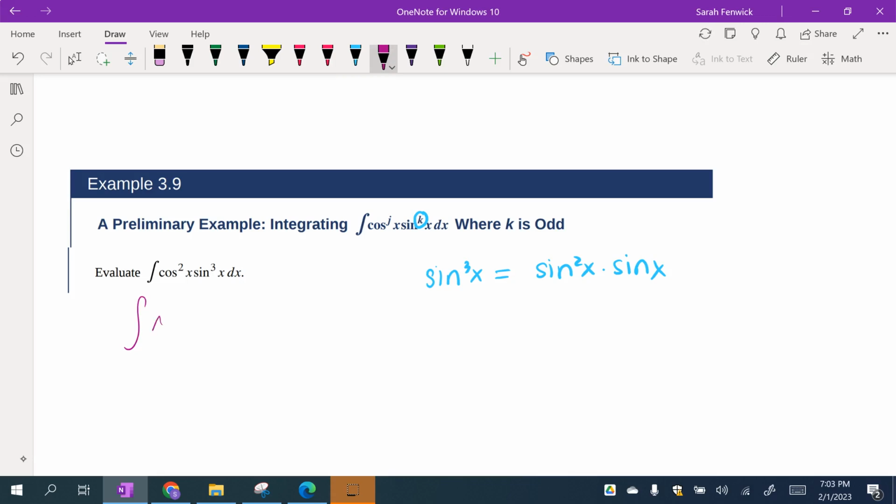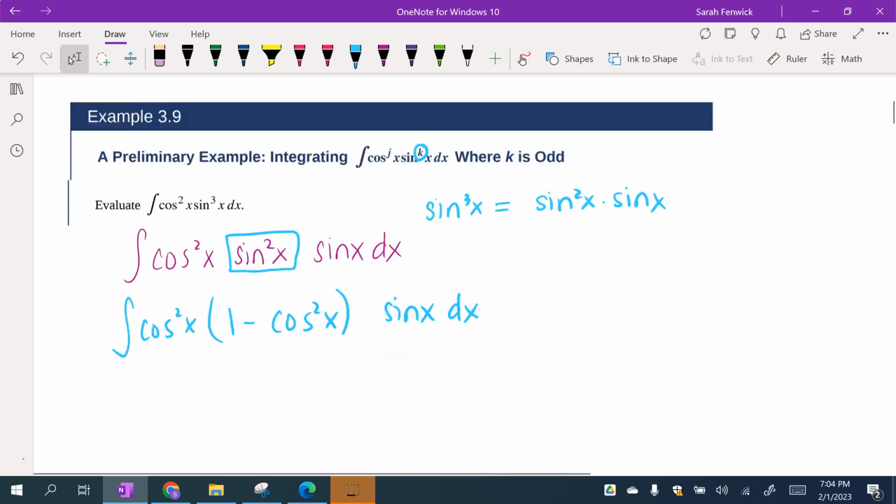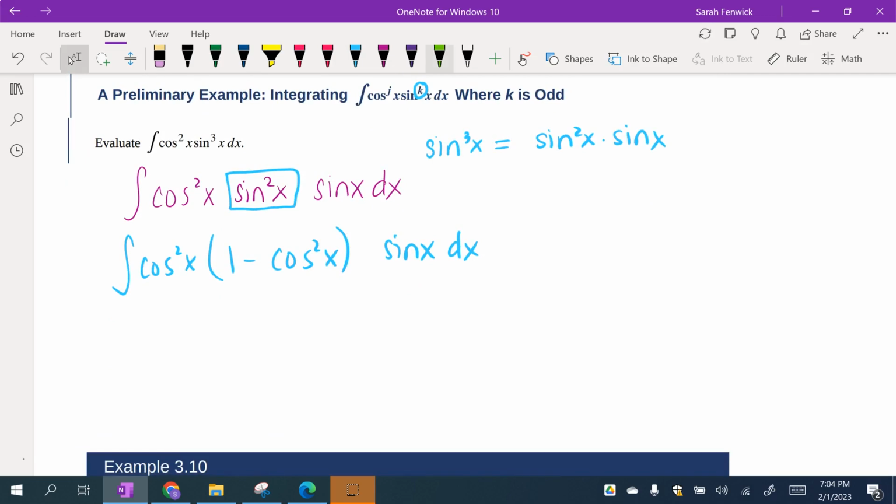So we have integral cosine squared x sine squared x sine x dx. We're going to use our trig identities to replace sine squared x with 1 minus cosine squared x. We're going to distribute cosine squared.